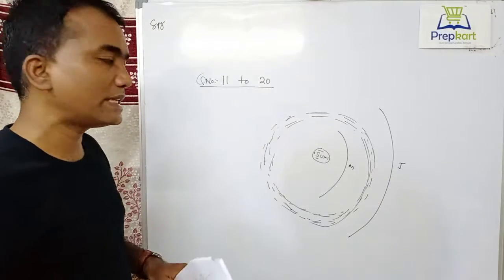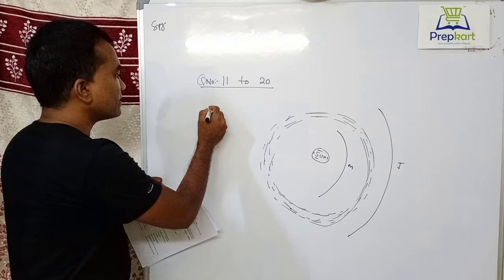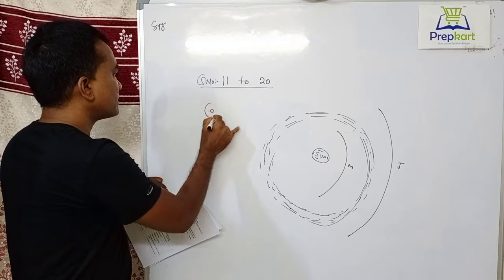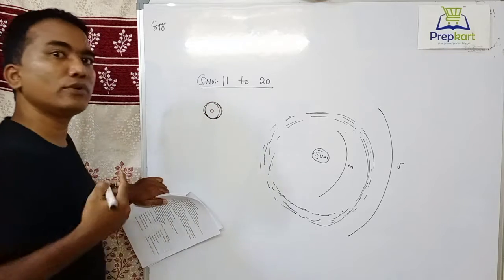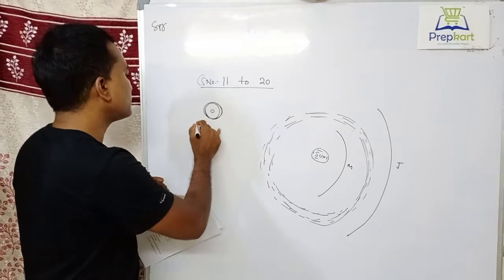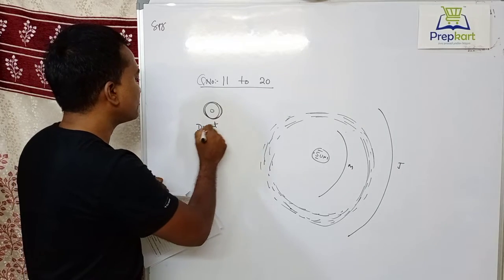Torus means its shape will be like this. If you know donut, then there is no problem. So it will be in the shape of a donut.